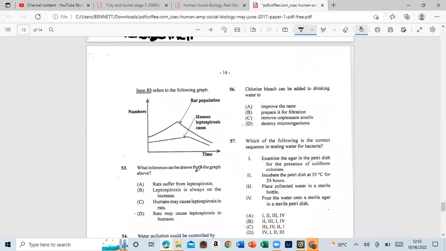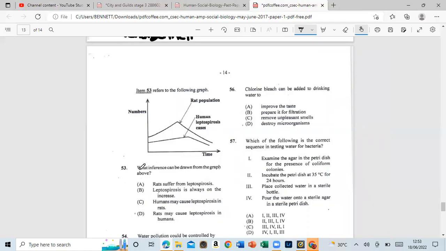What inference may be drawn from the graph above? Rat population, human leptospirosis cases. A whole heap of case study.